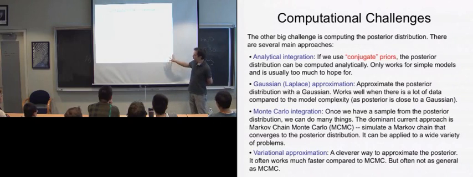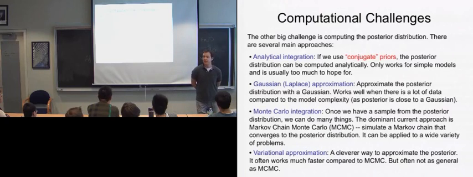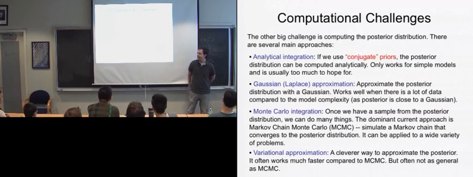And the last one that's also fairly popular today are the variational approximations. These represent a much cleverer way of approximating the posterior distribution, which doesn't involve sampling. It often works much faster compared to MCMC, but it's often not as general as MCMC. And there is some theory behind these two algorithms.